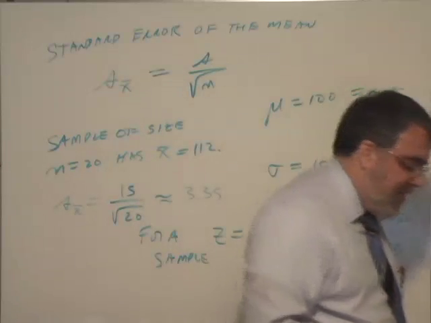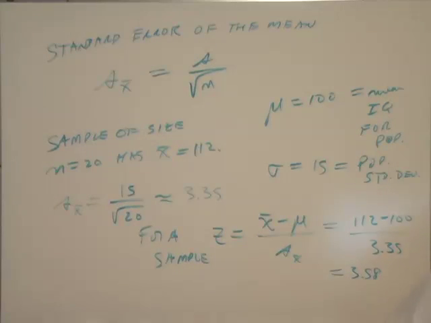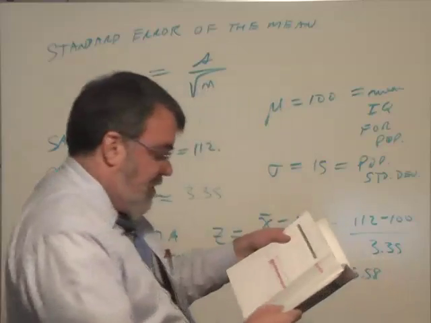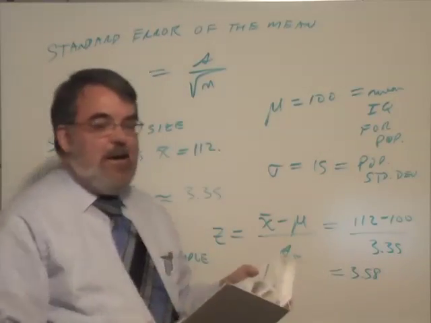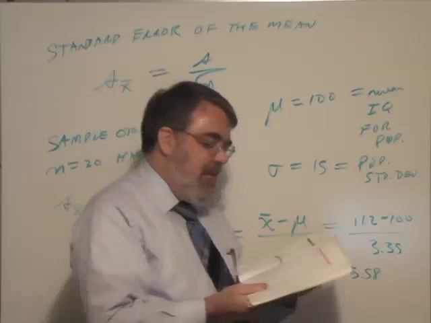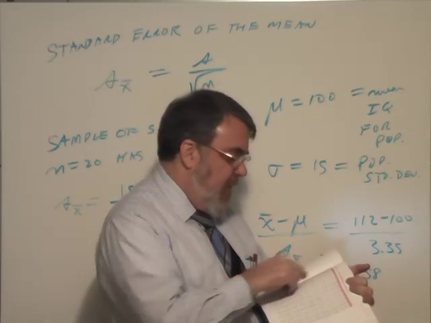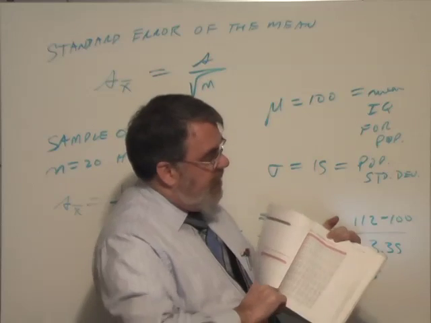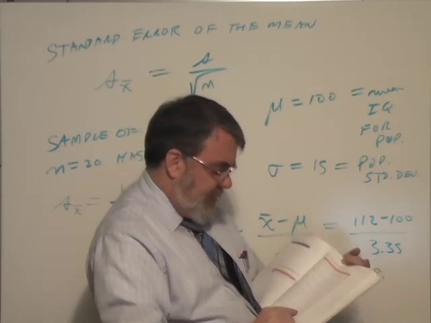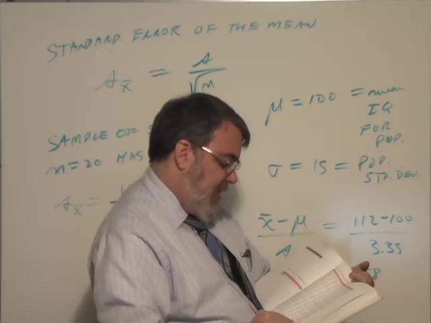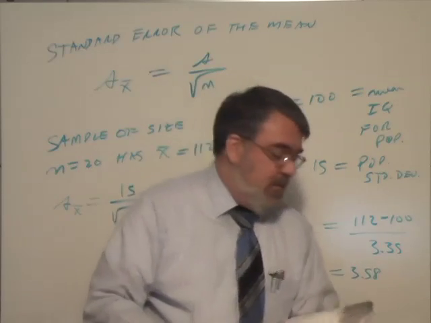And what's the tail probability for 3.58? I think by coincidence I actually managed to find something very near the top of what the book has. So in the book, if you look for a z-score of 3.58, we go down to 3.5 and go across to the 0.08 column, and we get 0.002.